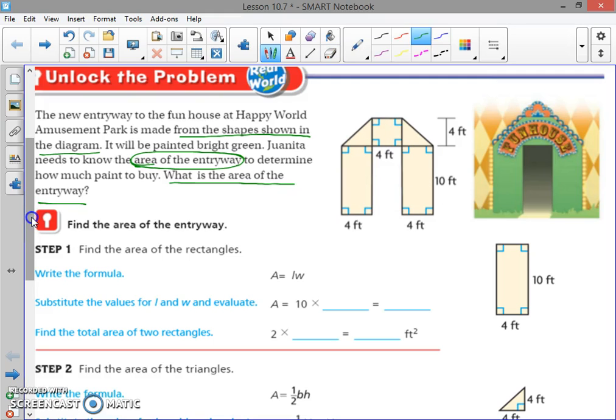If you look over here, sometimes you just have to study these figures for a minute. So this rectangle is 4 feet by 10 feet. So if this is 4 feet and this is the same length as this, this would also be 10 feet. If this is 4 feet, then this must be 4 feet. This is already labeled 4 feet. This must also be 4 feet.